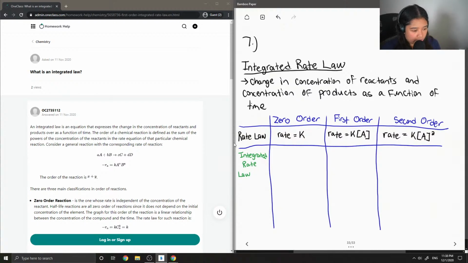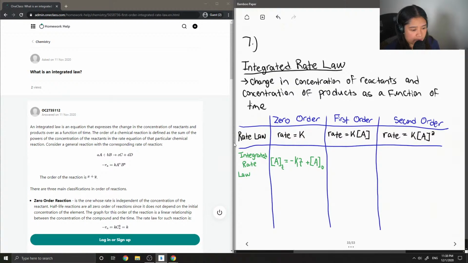For a zero order, okay, so when you have the concentration of your analyte at a given time, so that's what that means by having the t as a subscript, this is equal to negative K times that specific time plus the concentration of your analyte at time 0.